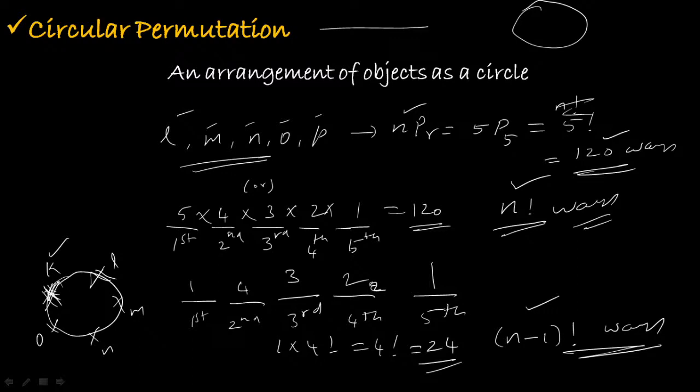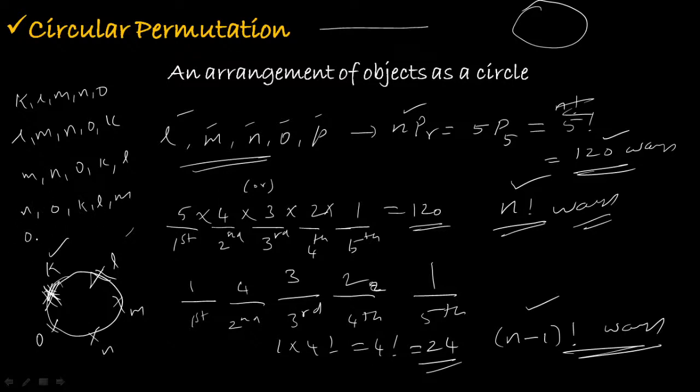If I write down these 5 letters in a circle like this and give a linear permutation, I have K, L, M, N, O. Next, take L first: L, M, N, O, K. Next M: M, N, O, K, L. Next start with N: N, O, K, L, M. Next start with O: O, K, L, M, N.